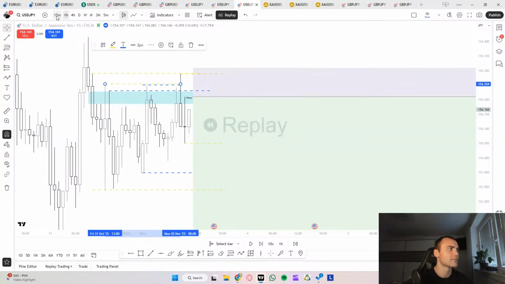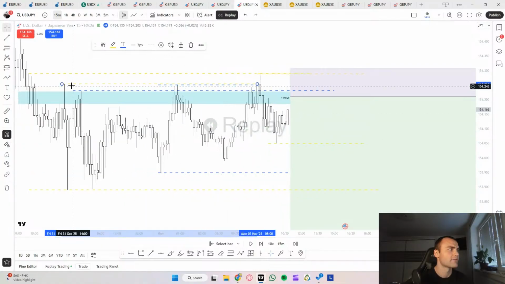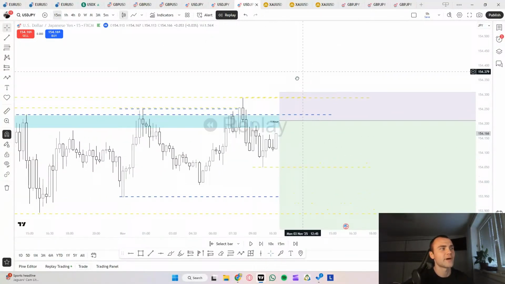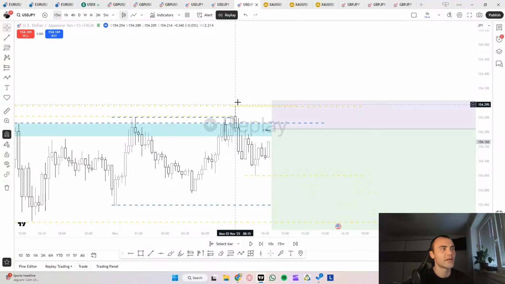And what happened was that after taking liquidity above this one on the next lower time frame, we made a closure back in the range. It doesn't matter if you are doing some continuation, right? 1, 2, 3 candles, and then you make a closure back in the range because it's not valid anymore.